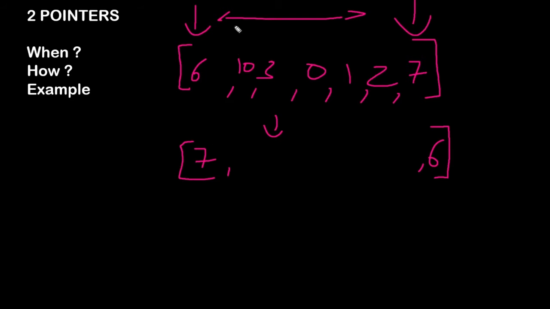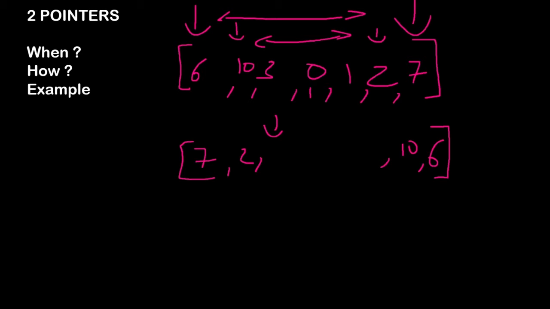Your pointer is now going to be at 10 and 2, same thing, you switch, and you have 2 and 10, etc., until you reach the same value, which means that it's either an even amount of values, and so usually you just finish by switching the two last values, or it's an odd amount of values and the middle one is not going to move. So reversing in place is a very good idea with two pointers.